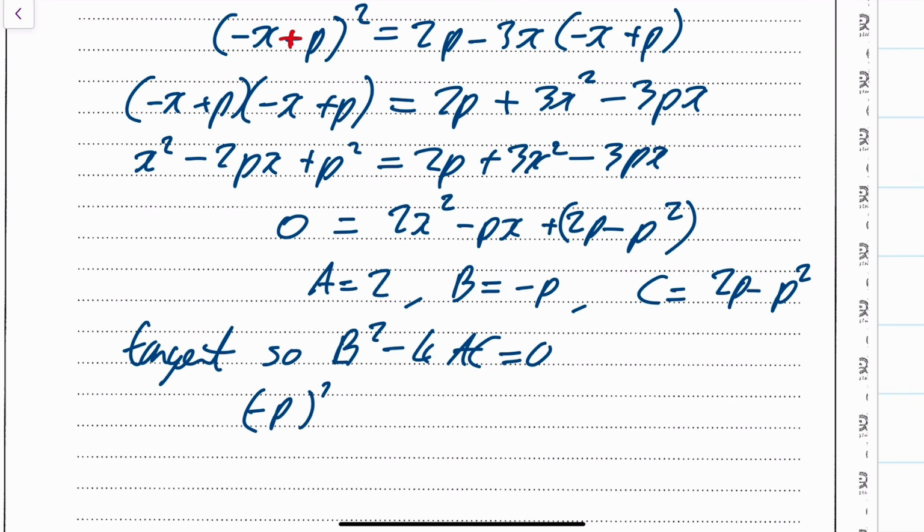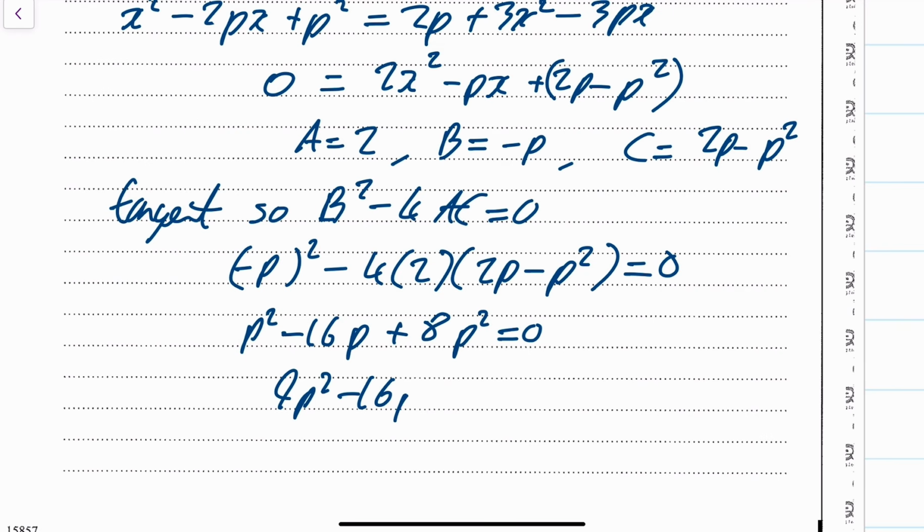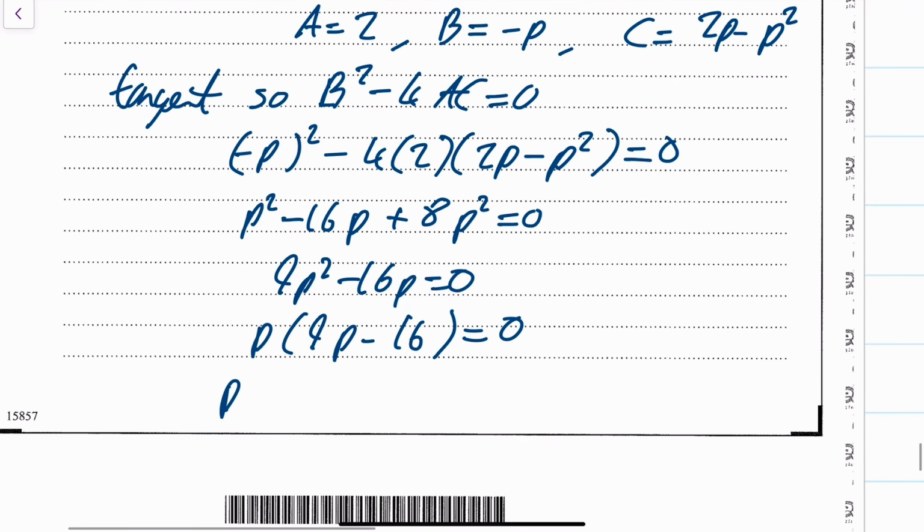So the b was minus p squared, and the a is going to be 2, and the c is 2p minus p squared, equals 0. Tidy this mess up, that's going to be p squared, and then minus 8 times that, it's going to be minus 16p, and plus 8p squared is equal to 0, or 9p squared minus 16p equals 0, which means p times 9p minus 16 equals 0, which means p is equal to 0, or p is equal to 16 over 9.